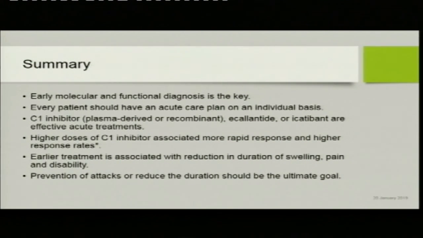The higher dose of C1 esterase inhibitor is associated with more rapid response and higher response rate. However, this is only an observation. There are no guidelines about this. And earlier treatment is associated with reduction in duration of swelling, pain, and disability. And the last thing, prevention of acute attacks or reducing their duration should be the ultimate goal of this treatment.